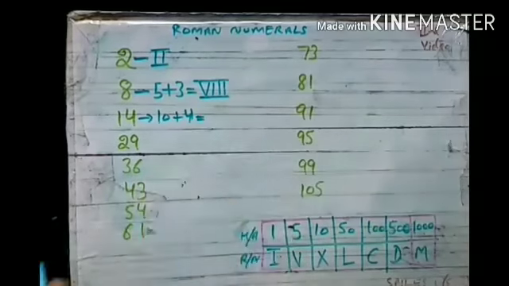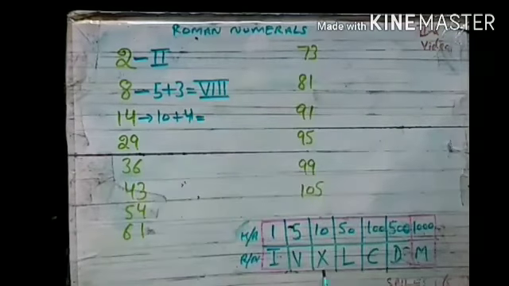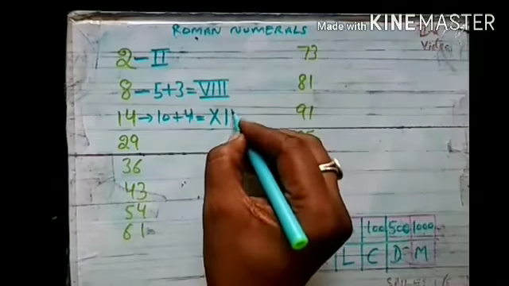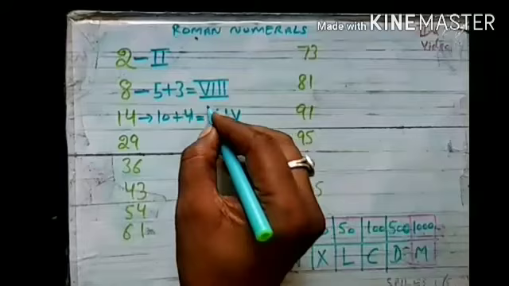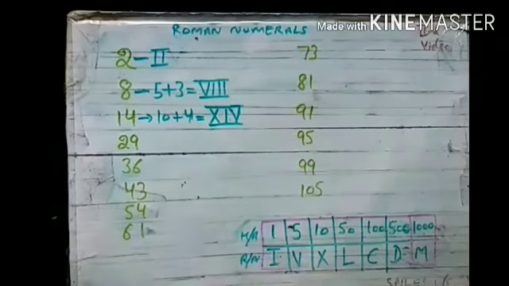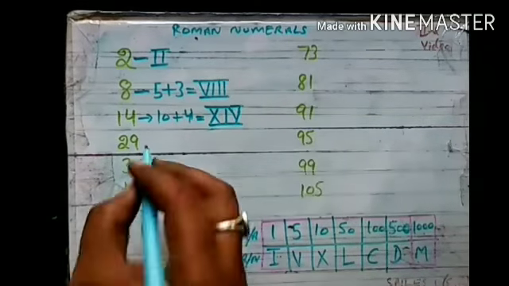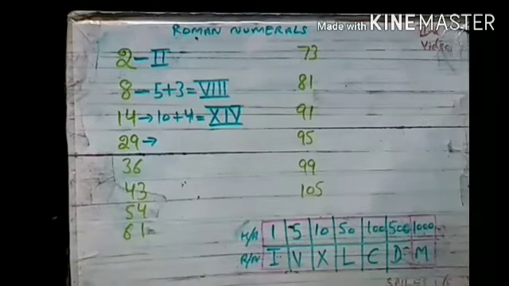Now what is the symbol for 10? The symbol for 10 is X, and the symbol for 4 is 1 less than 5. That is like this.